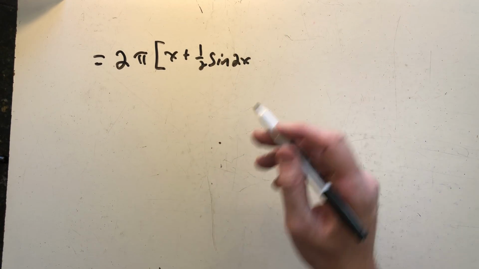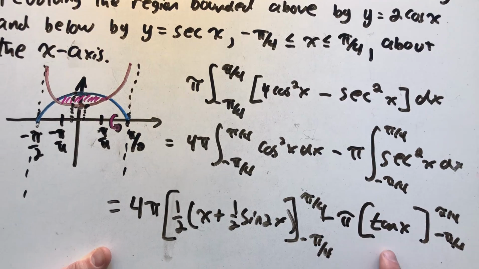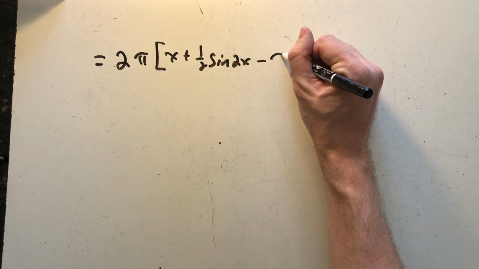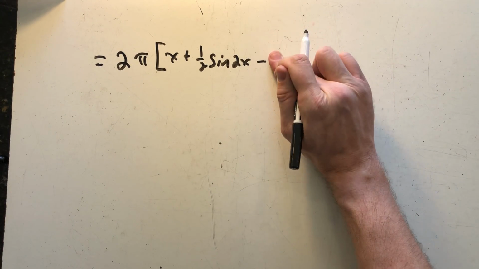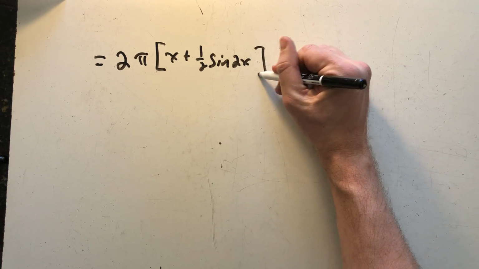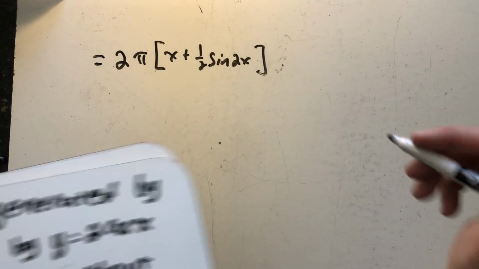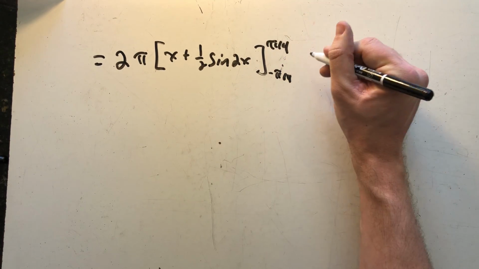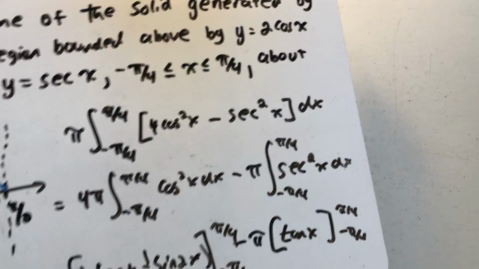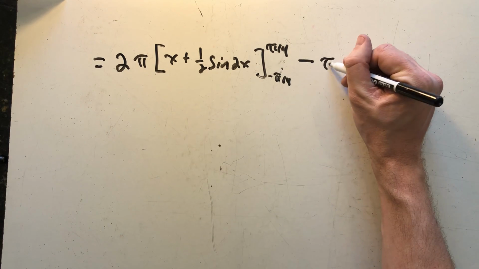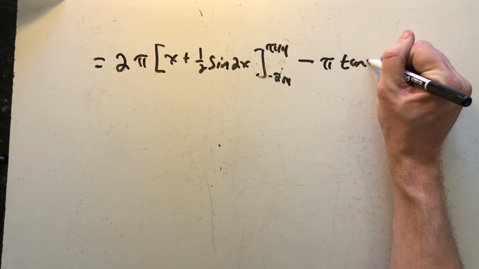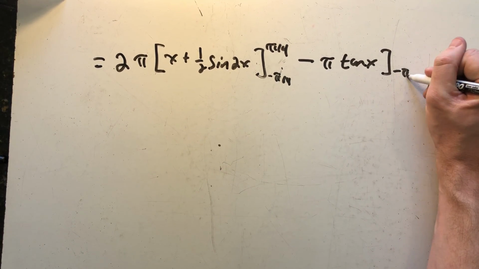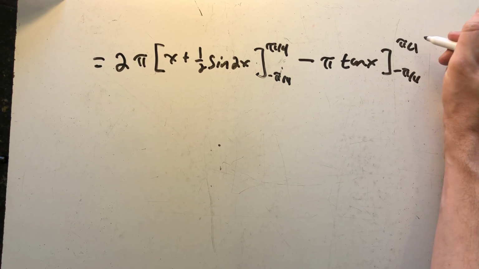And then I still have a minus pi. Do that in 2 parts, excuse me. Evaluate that from minus pi fourths to pi fourths. And then I have that minus pi tangent, evaluated from minus pi fourths to pi fourths.